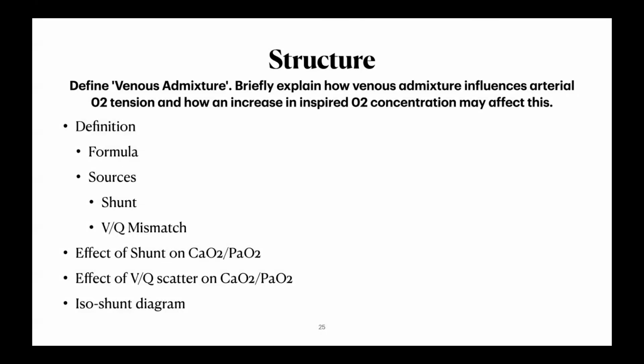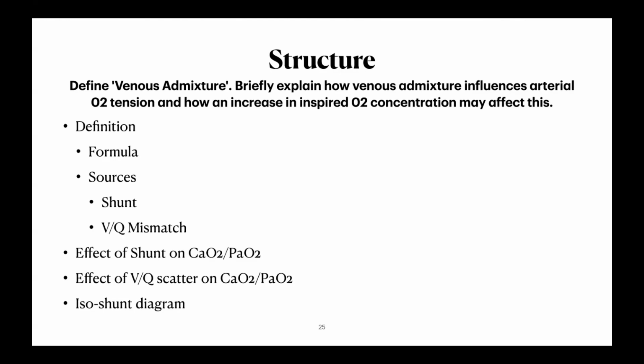Okay, so this would be the structure on how I would answer this question. With the question, define venous admixture, briefly explain how venous admixture influences arterial oxygen tension and how an increase in inspired oxygen concentration may affect this.